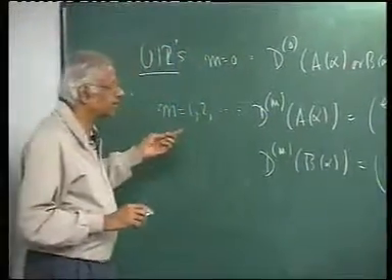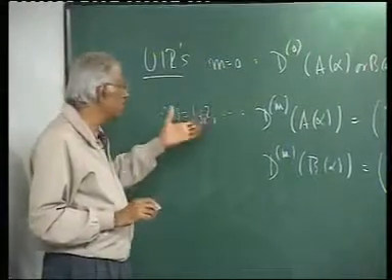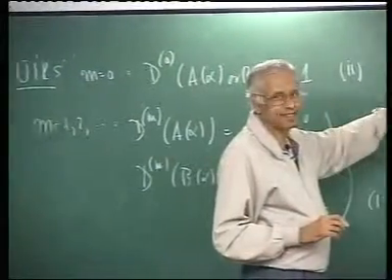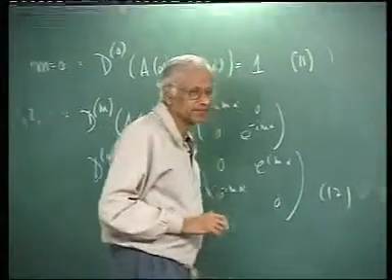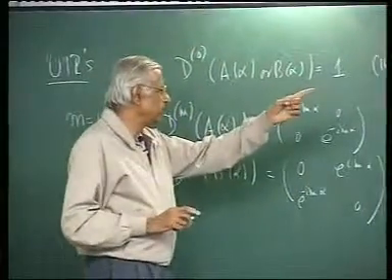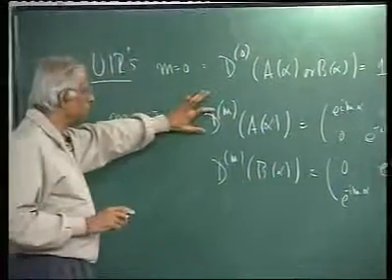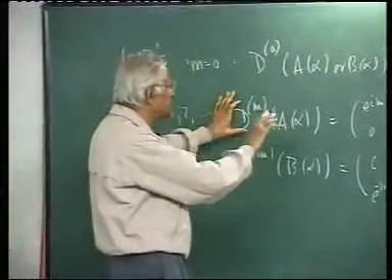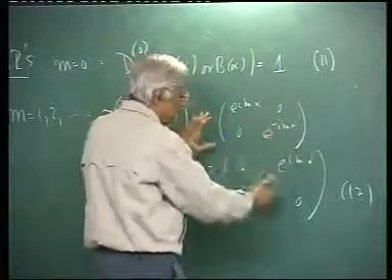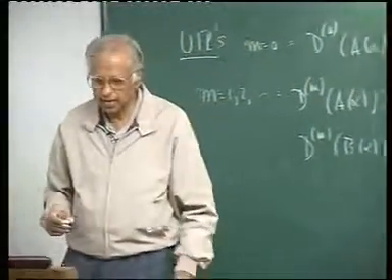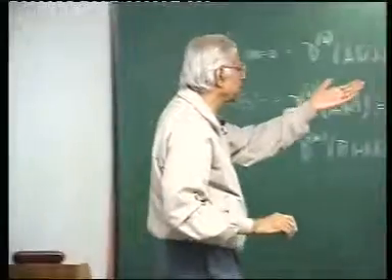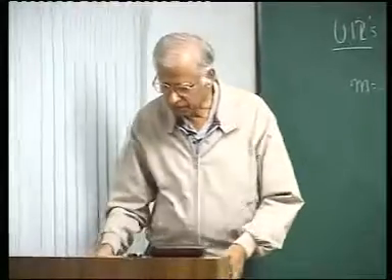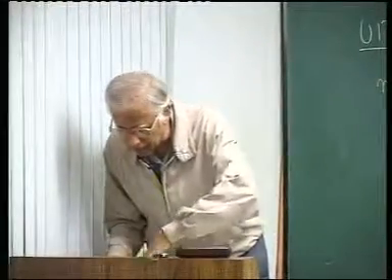Any idea what the connection is? Which of these is this one? That defining representation is the m equal to 1. It is equivalent to it by a fixed unitary transformation that can be brought into this form. That is the point. So as it stands, it is not in this form, but it is equivalent to the m equal to 1 representation. Okay.